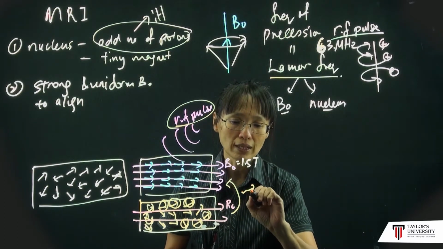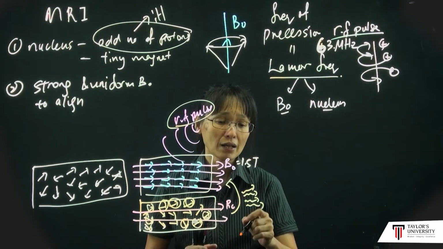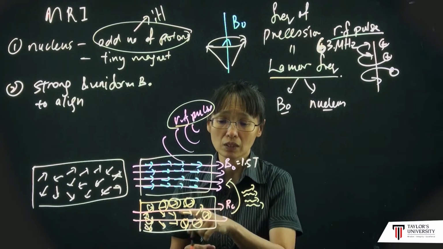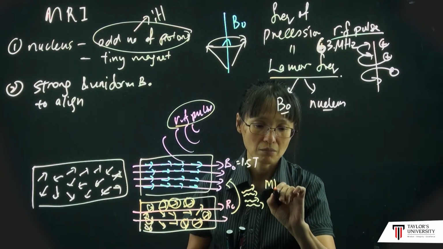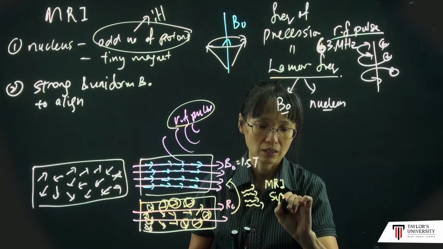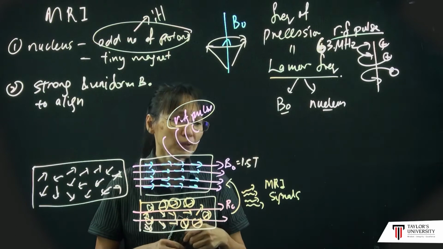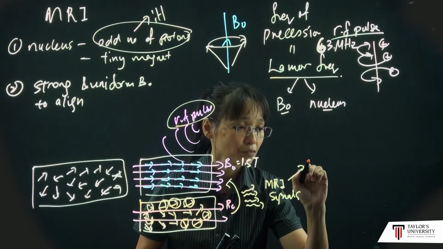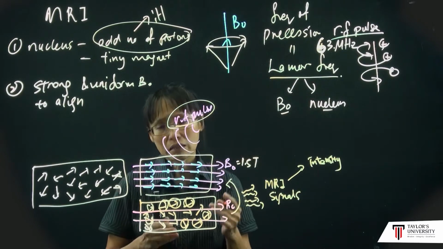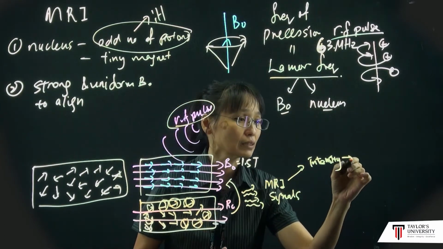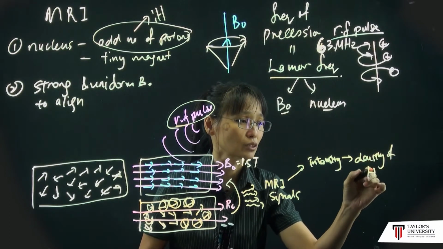And by doing so, the energy absorbed just now is re-emitted. And the energy re-emitted after all these nuclei have gone back to the equilibrium state is known as MRI signals. Okay, and for MRI signals, we have the intensity, like how strong the signal is, and the intensity of MRI signals will tell us the density of hydrogen.